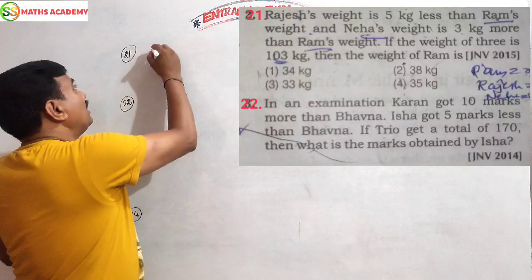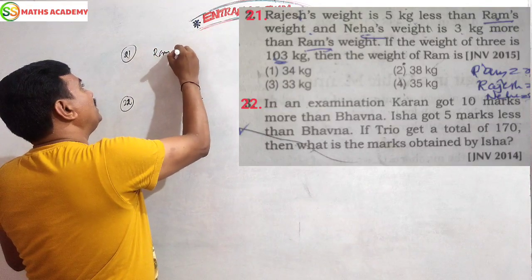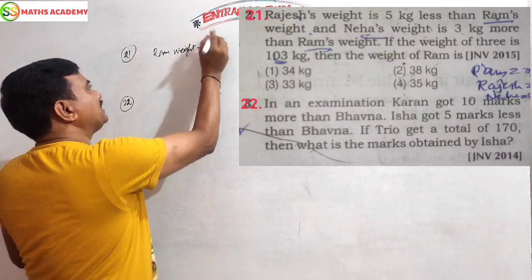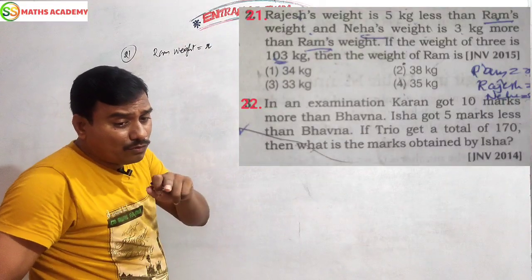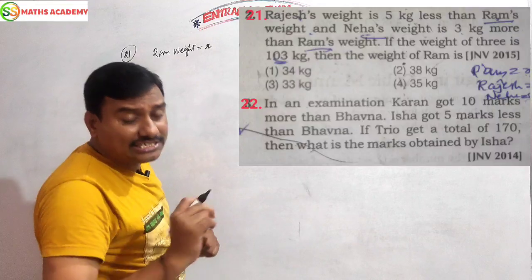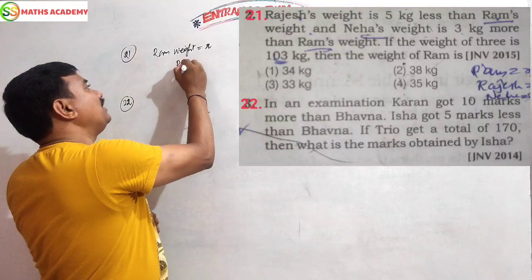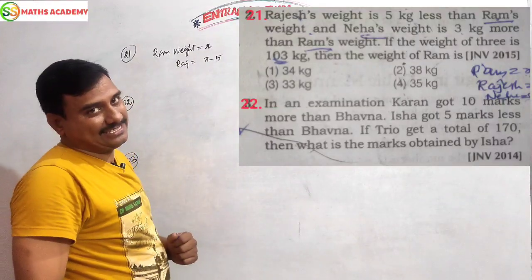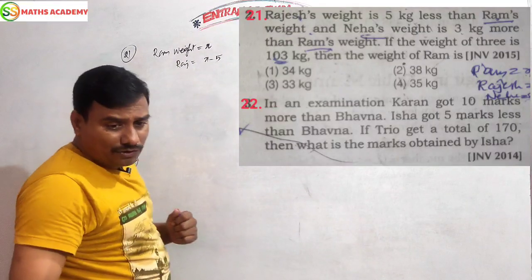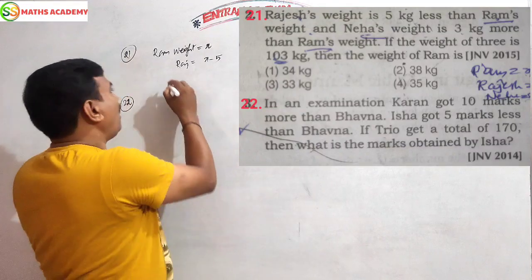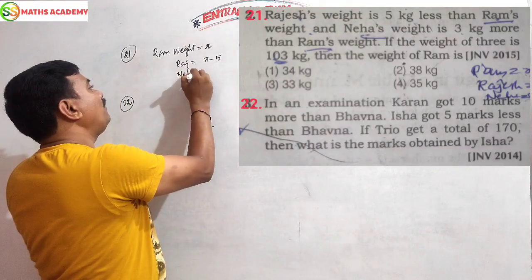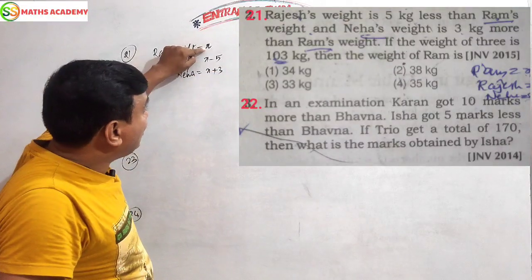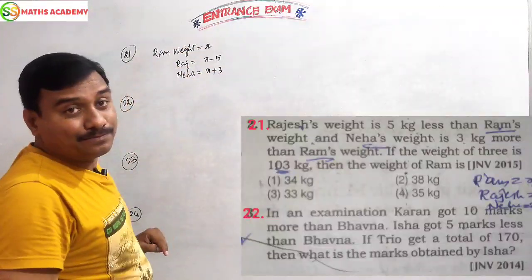Here Ramu's weight we don't know. That should be x. Ramu's weight is x. What about Rajesh? Rajesh's weight is 5 kgs less than, means minus. Next, one more person in the question, Neha. Her weight is 3 kgs more than Ramu, more means plus.